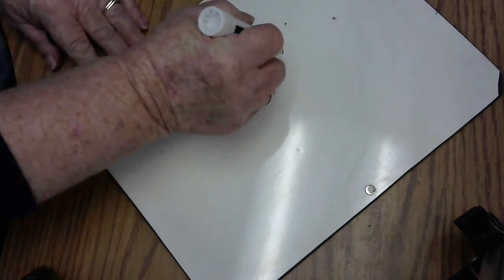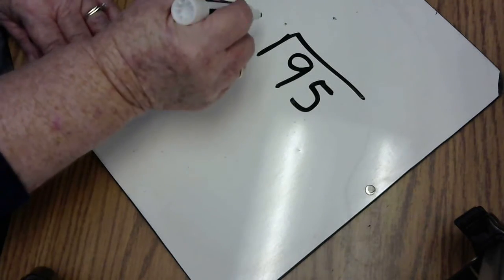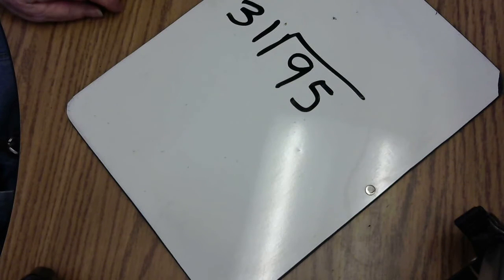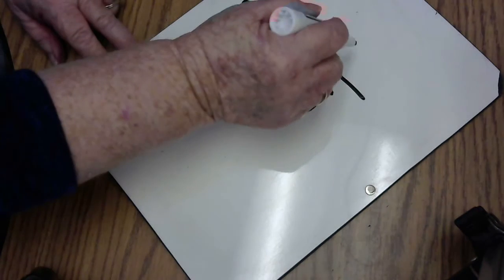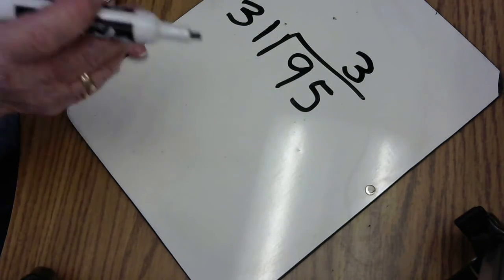So, divide 95 divided by 31. To help us divide 31 into 95, we may think 3 into 9. We write the 3 above the 5 in 95. Okay, we've divided.